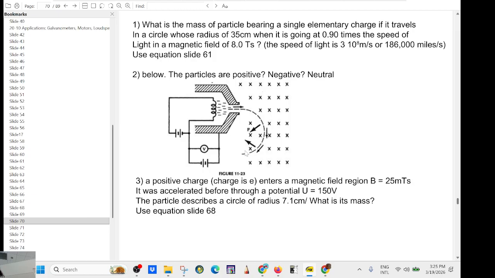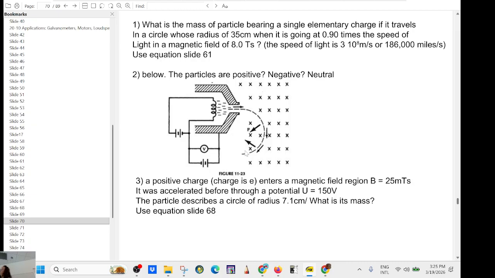So first you speed up the charged particle, and then you use a magnetic field to bend the particle. You have equation 1 and equation 2.